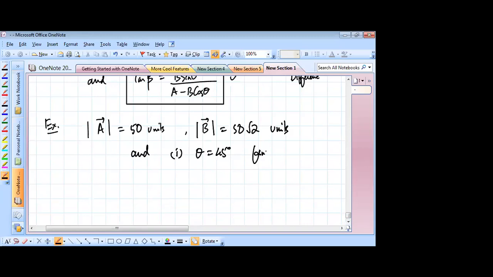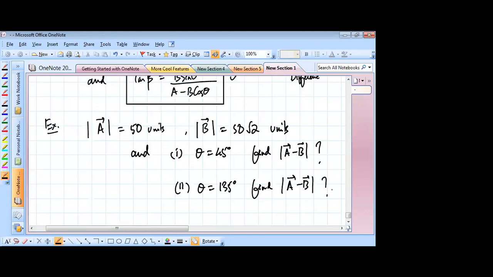So you find mod of A minus B. Okay. The second case, let's take the angle between them as 135 degrees, and again we have to find the mod of A minus B.